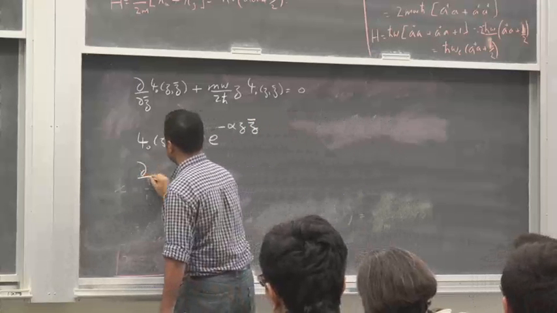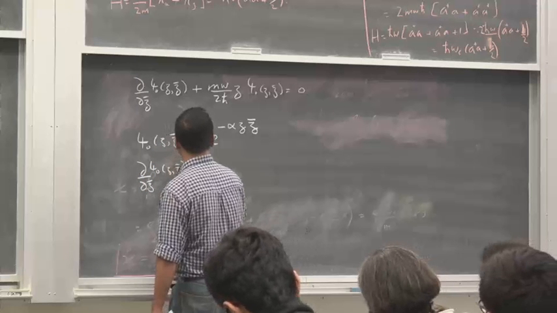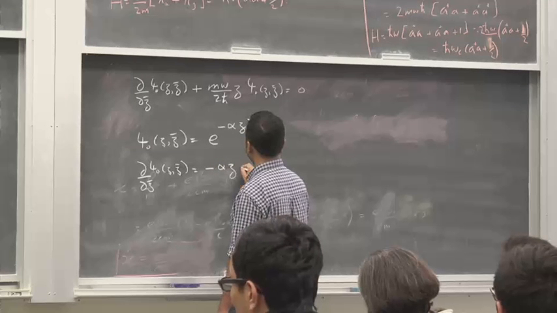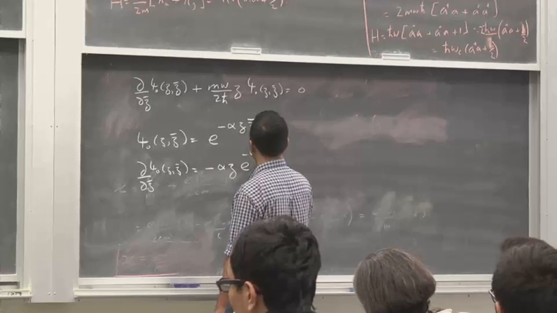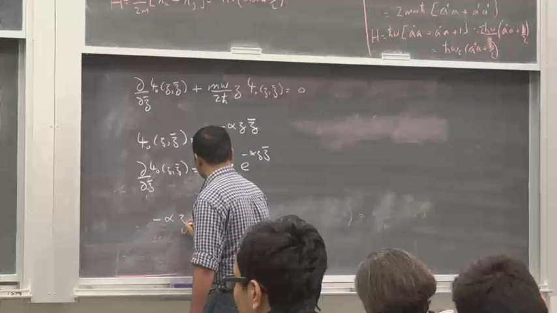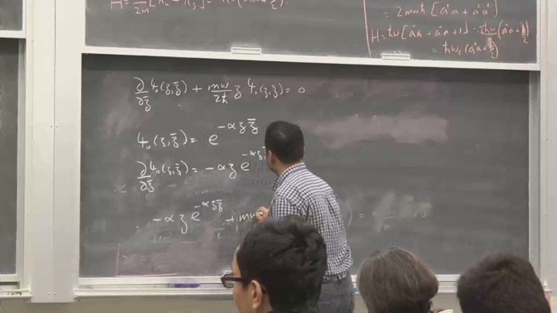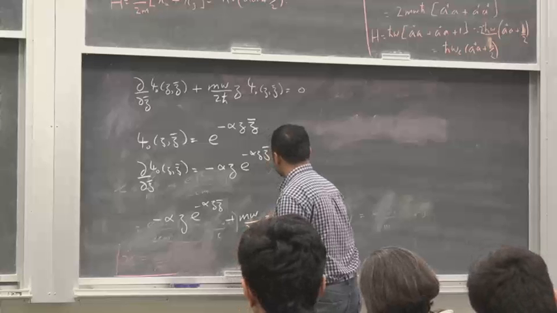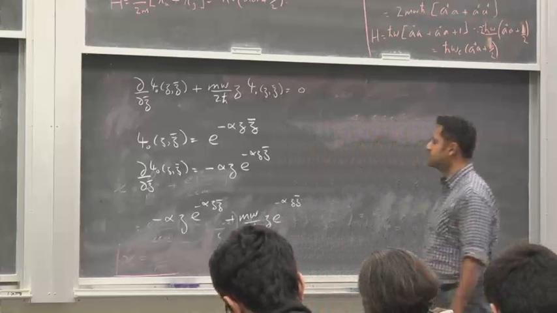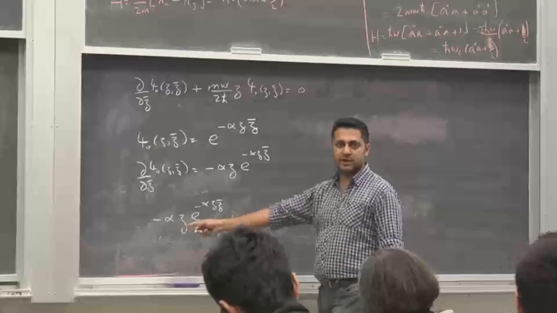So d by dz bar of psi naught brings down minus alpha z. तो अब इसको अगर मैं ऊपर डालूं, the two things will cancel if m omega over 2h bar is equal to alpha.